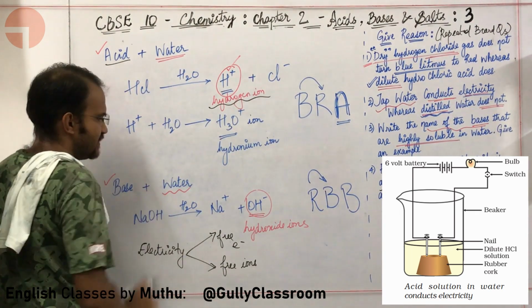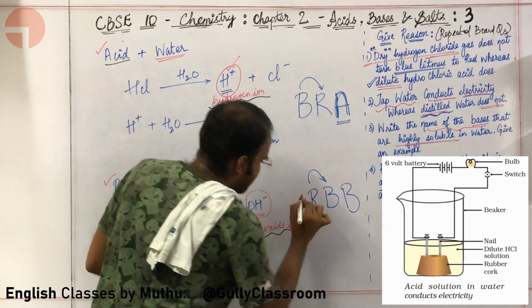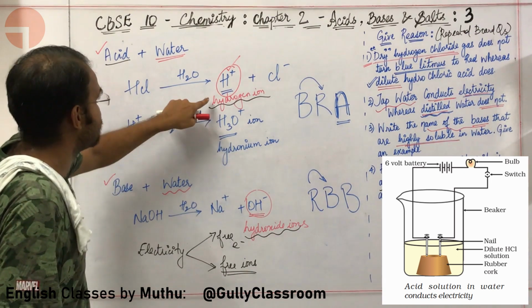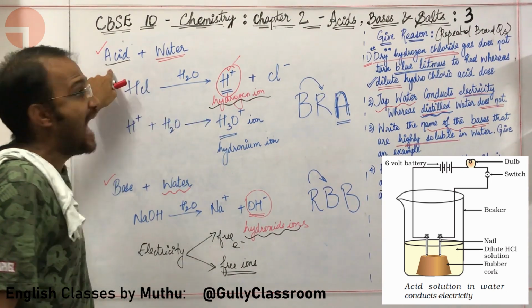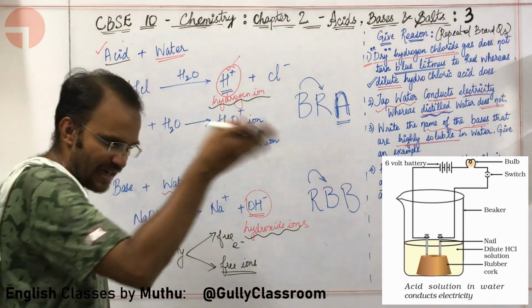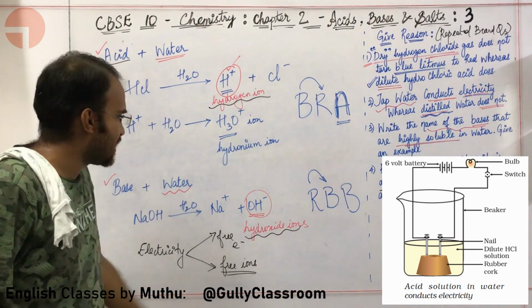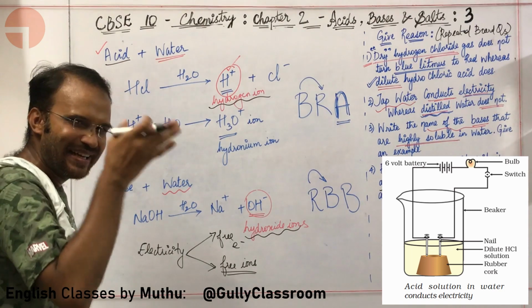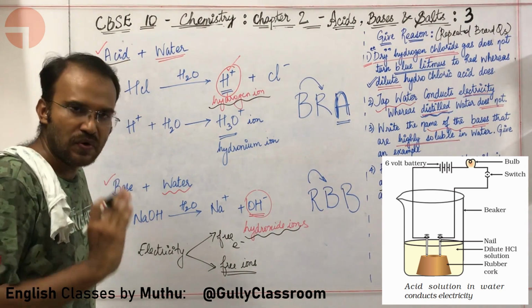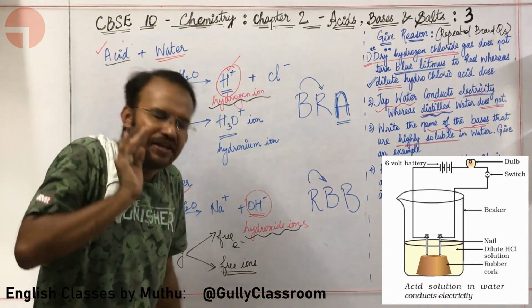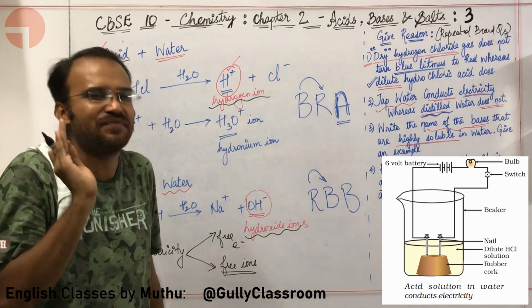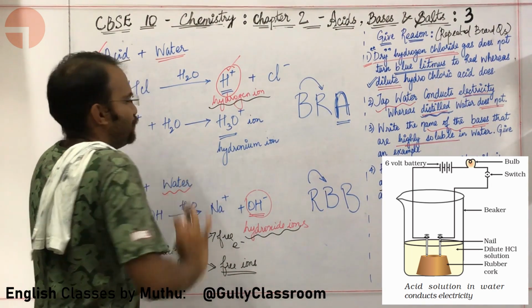When a base is dissolved in water, you get hydroxide ions which are once more free ions. Because of the presence of hydrogen ions, acids in water conduct electricity. Because of the presence of hydroxide ions, bases in water conduct electricity. So, acids and bases in water have the capability to conduct electricity because of the presence of respective free ions.